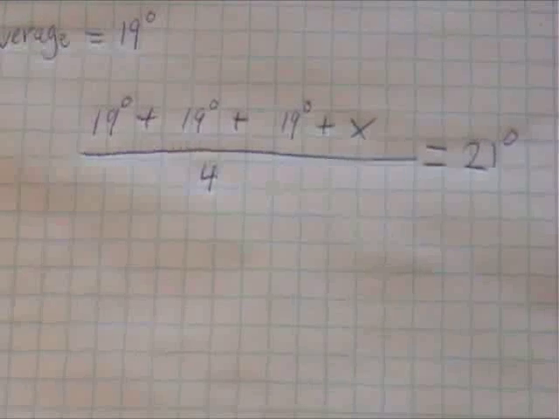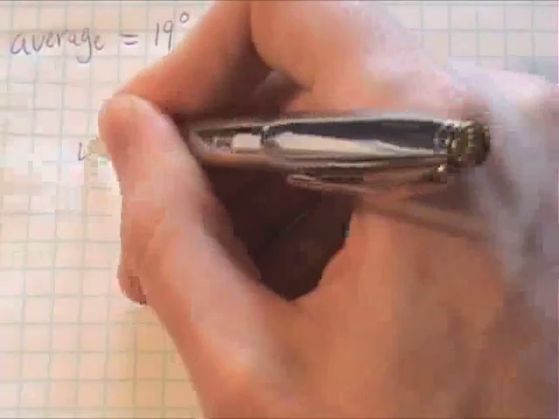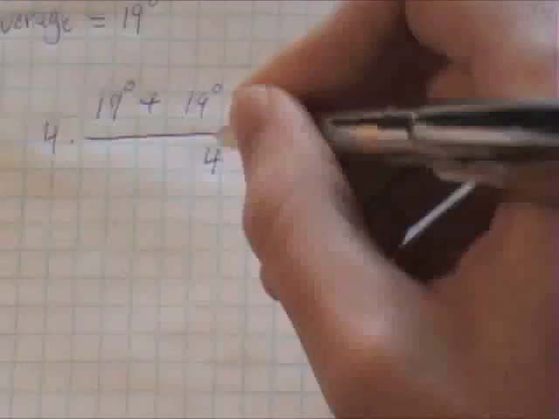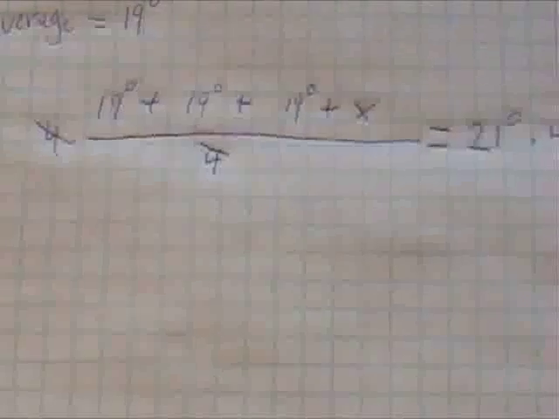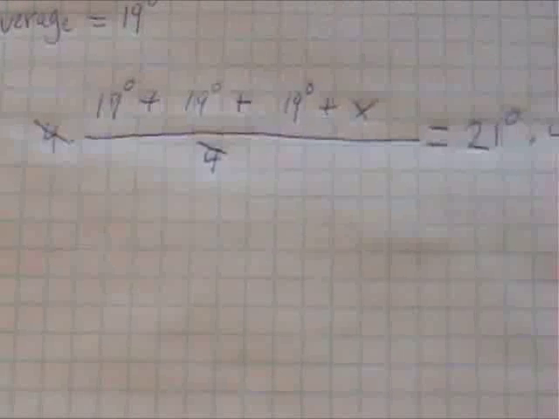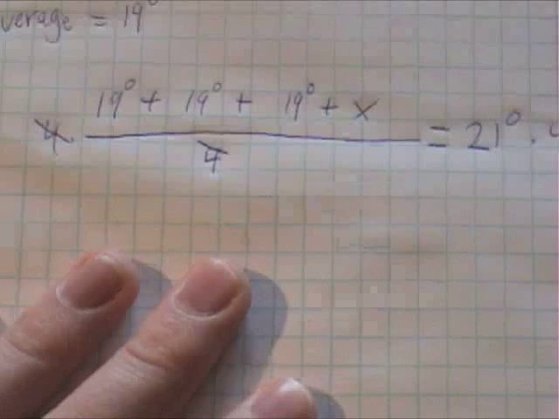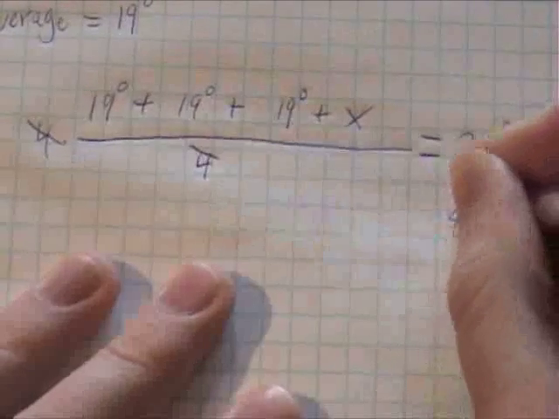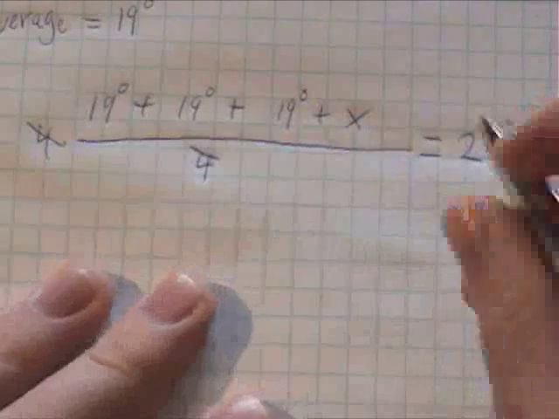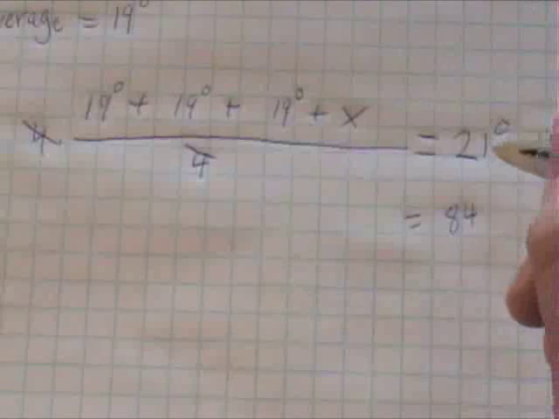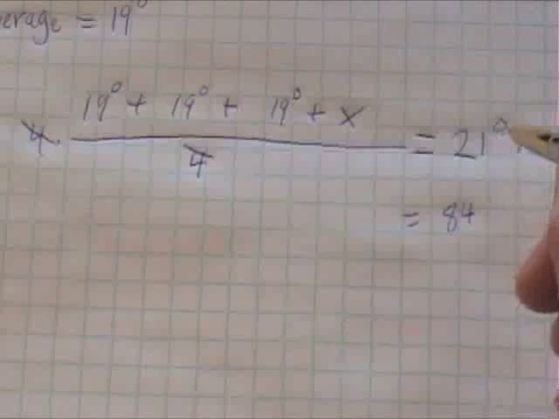Okay, so let's go ahead and isolate this. Multiply by 4, multiply by 4 over here. These cancel out. And 21 times 4 equals 84 over here. And let's see what all those 19s add up to.